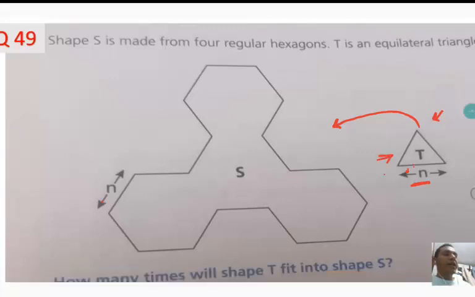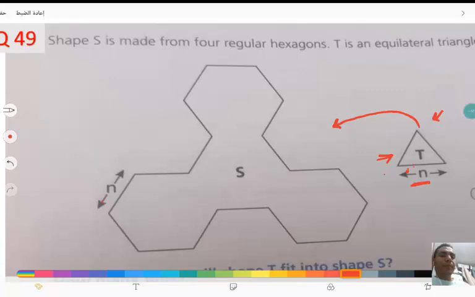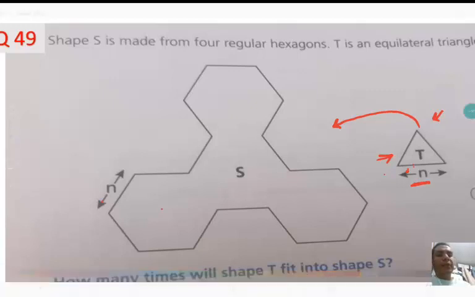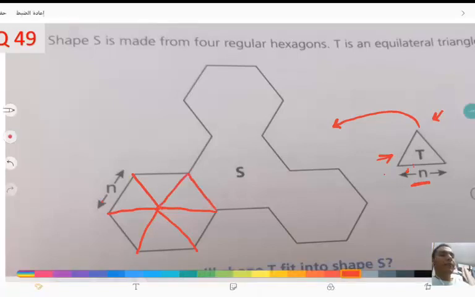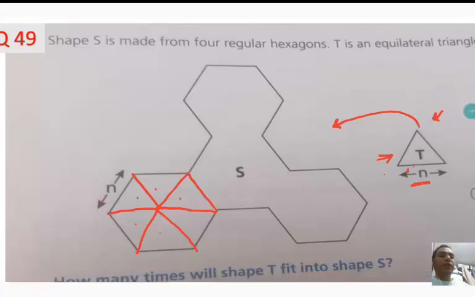times this triangle will fit in the shape S, from the center of each hexagon and match. Now we have 1, 2, 3, 4, 5, 6 triangles, each one is T. The second hexagon here will be 6 as well.